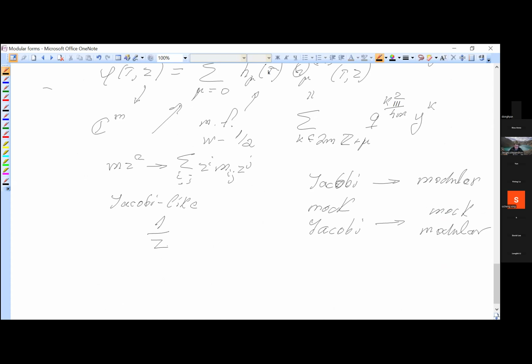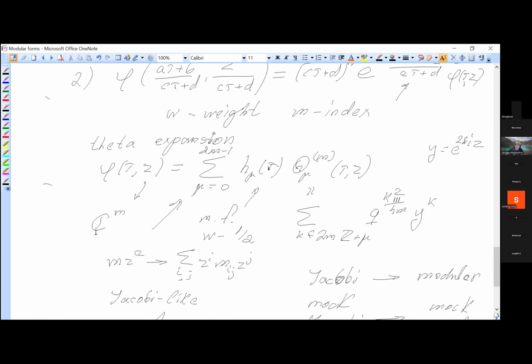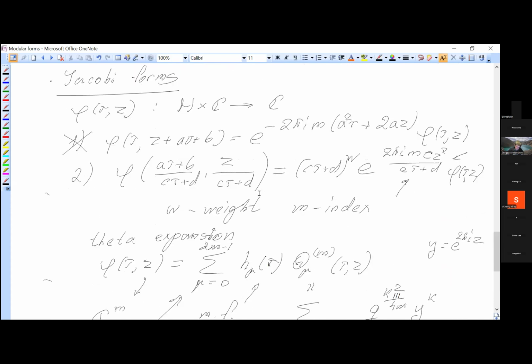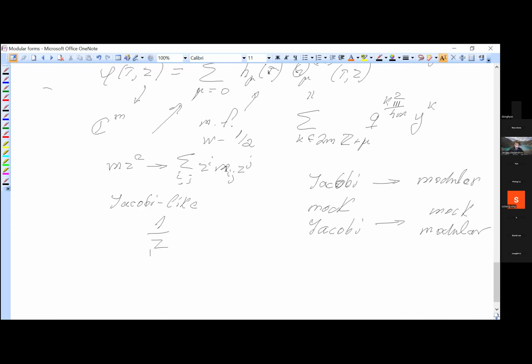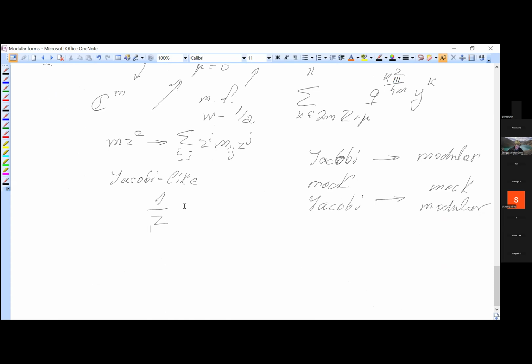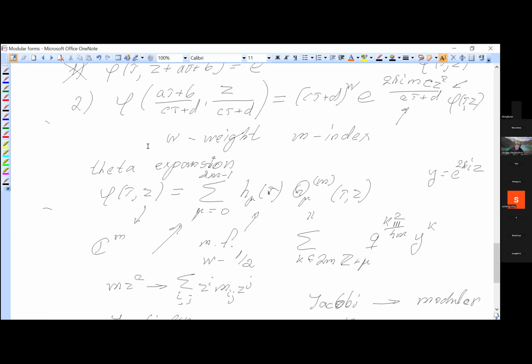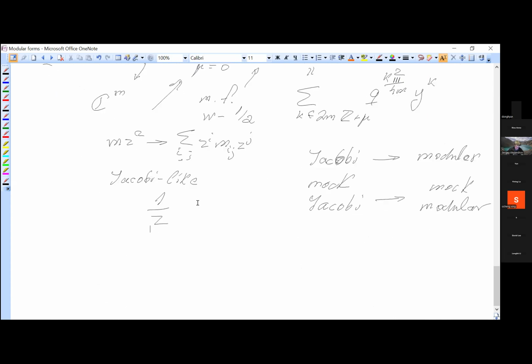It's clearly a modular form of weight 1, because you remember how z transforms. It doesn't satisfy the elliptic property, but still it can be considered as the simplest example of a Jacobi-like form.